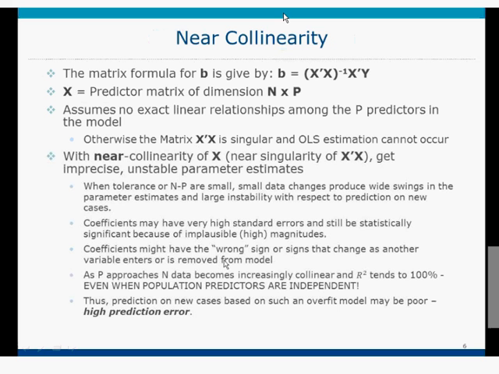Coefficients may have the wrong sign, or signs that change as another variable enters or is removed from the model. And as p approaches n, the data becomes increasingly collinear. R squared tends to 100%, even when the population predictors are independent. So the prediction of the dependent variable appears to be quite high. Thus, prediction on new cases based on an overfit model may be poor, with high prediction error.